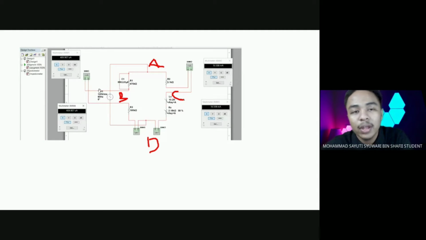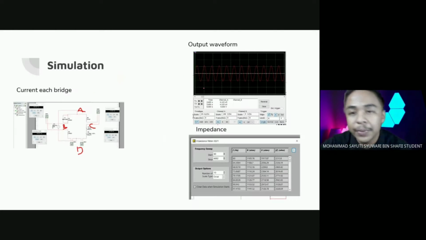Why is the value equal? This is because we refer to Ohm's law, which is when the current is in series, the value will be equal. The value for that is 409.91 microampere, and for the right side is 18.51 milliampere.